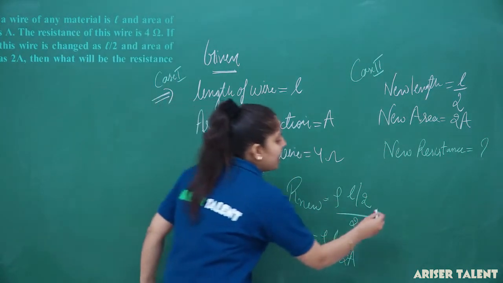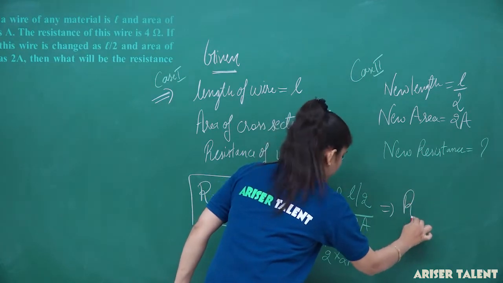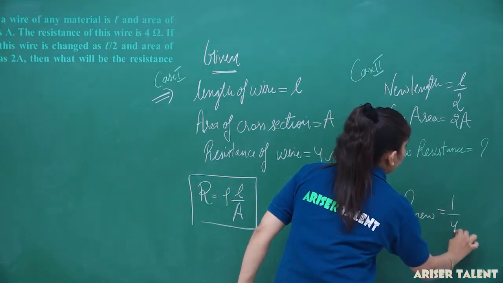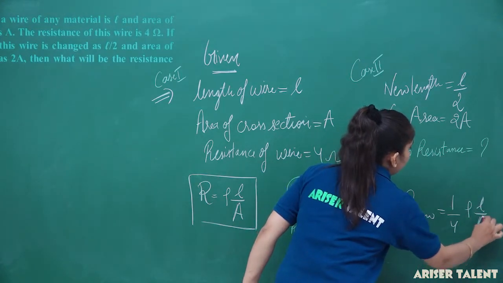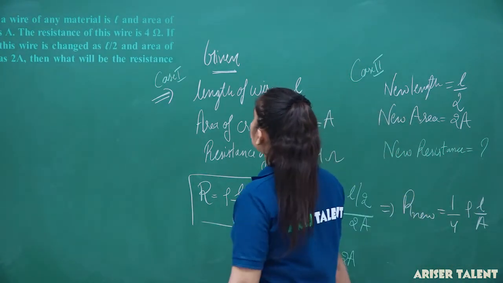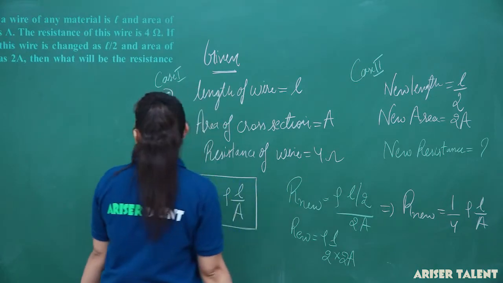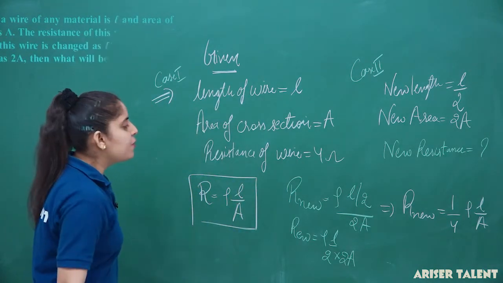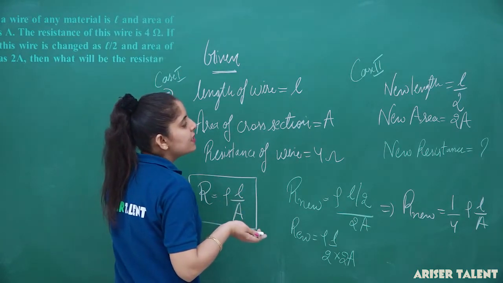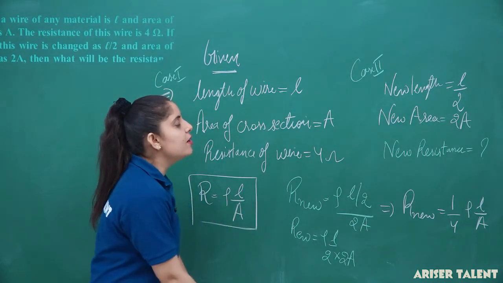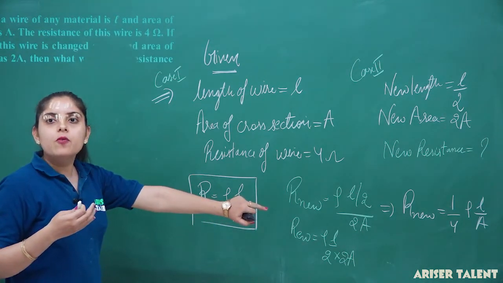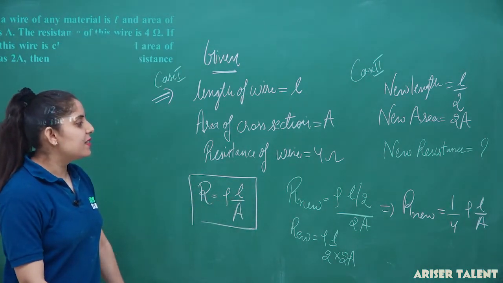Now, I can write here R new equal to 1 upon 4 rho L by A. So, what I am getting from here is that the new resistance will be 1 upon 4 times of the previous resistance of the wire.